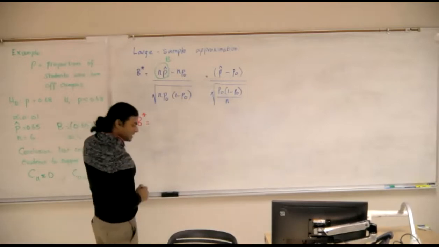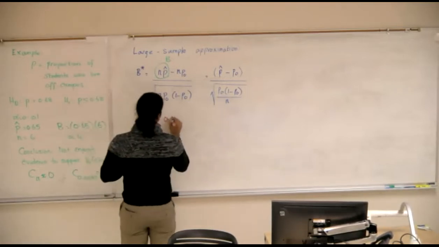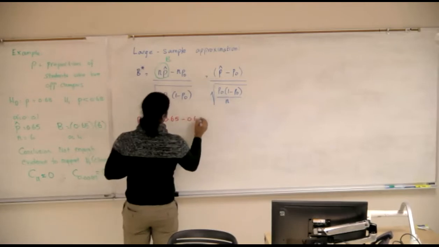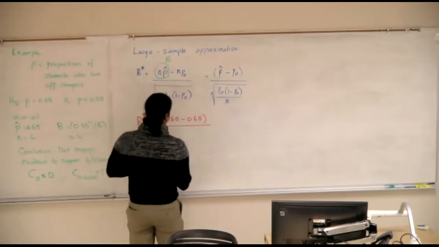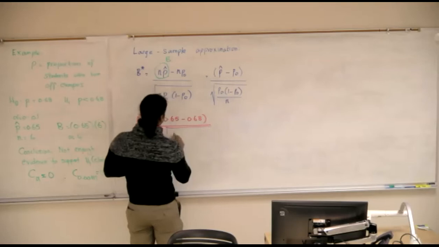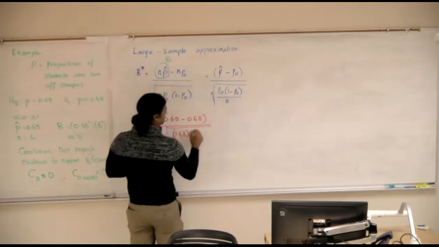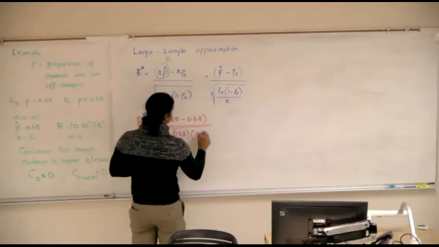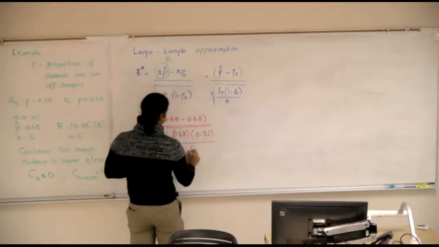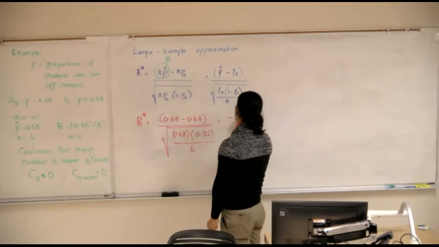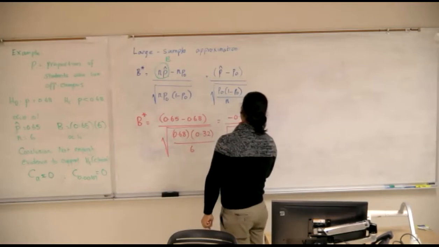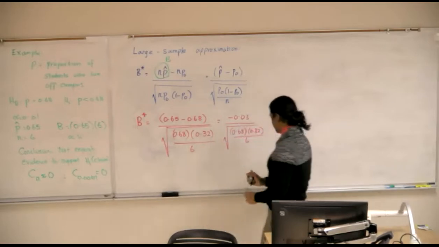So B star is the standardized test statistic. So 0.65 minus 0.68 divided by square root of 0.68 multiplied by 1 minus 0.68, 0.32, divided by 6. Numerator, and that's the denominator.